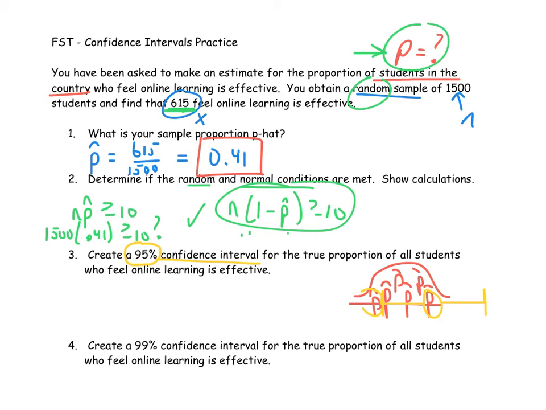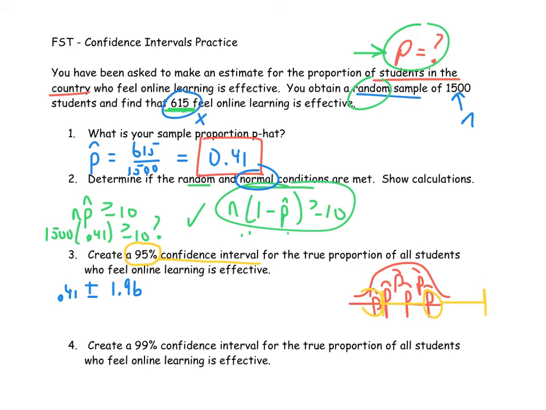And basically what it's going to turn out to be is taking our 0.41, and for 95%, if you go back to the other video, the number of standard deviations to capture 95% of data, if it's normal, we learned earlier the 68-95 rule, so 95% is within roughly 2 standard deviations. The critical value z star that we actually use is 1.96.